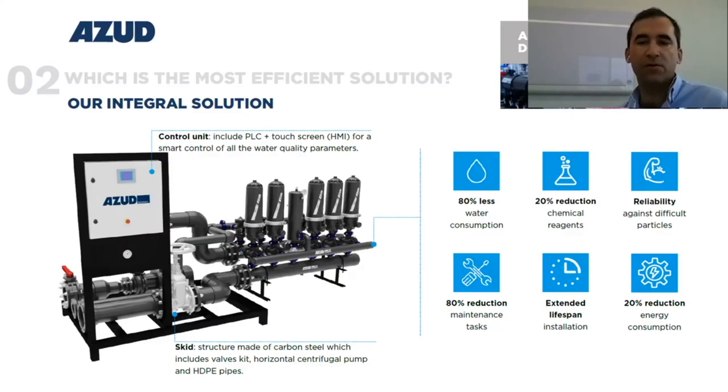So this type of solution, as I said, has a reduction in chemical reagent consumption and provides reliability, as we're talking about a physical barrier. We will have reductions in maintenance. Your main components have extended lifespan, and of course, at the end, you have energy consumption savings.